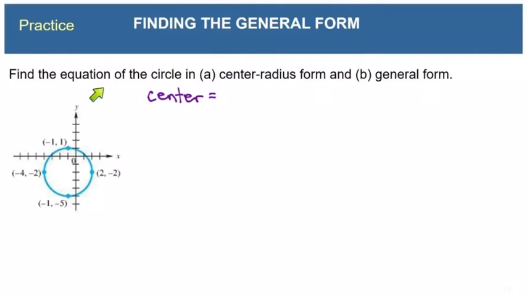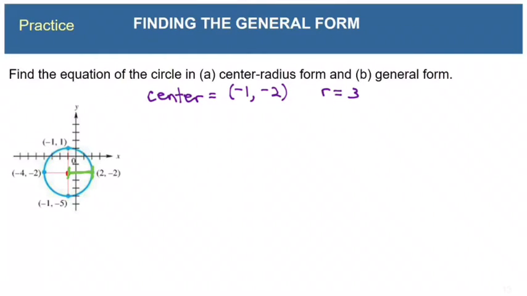This time we want to find the equation of a circle in center radius form and then general form. So let's look at the diagram they've given us, and we can see that the center is at -1, -2. And we can also count and see that the radius is 1, 2, 3.